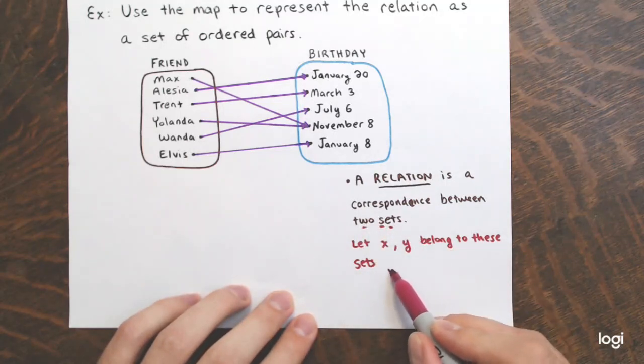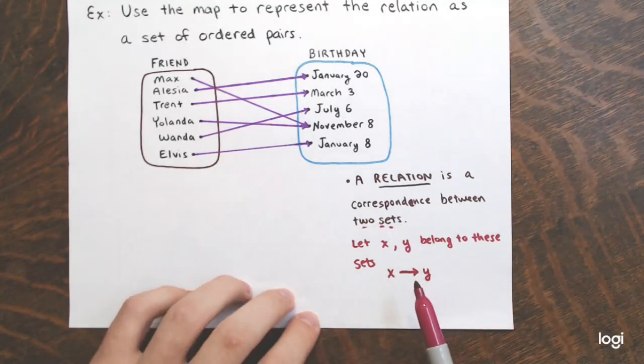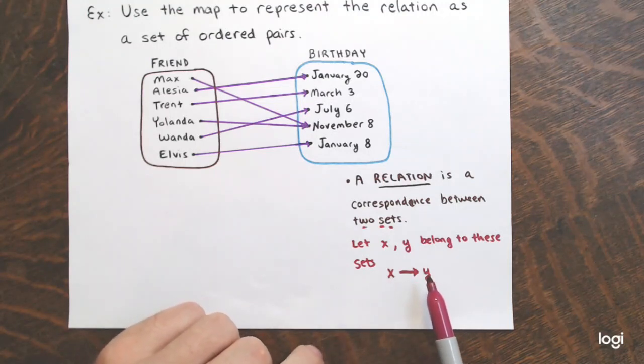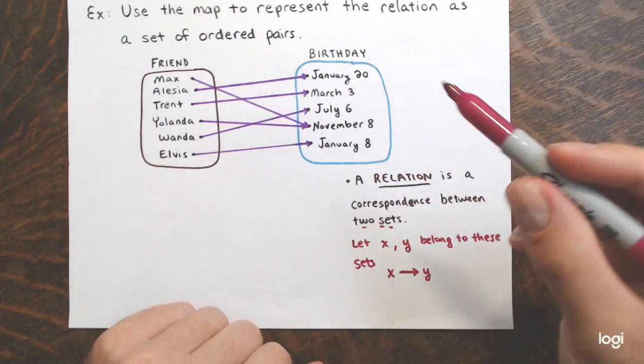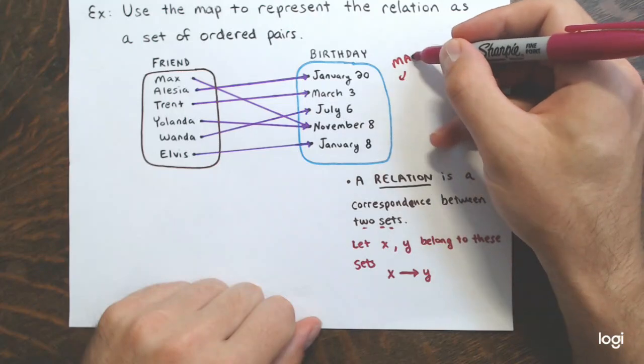Some notation you might come across is maybe x arrow y. This element in one of the sets corresponds to this element in the other set, kind of like I've got the arrows in my mapping up here. Again, this picture is called a map or a mapping.